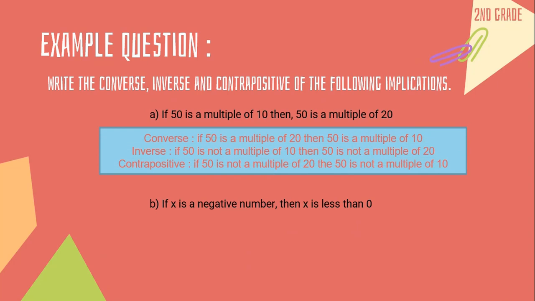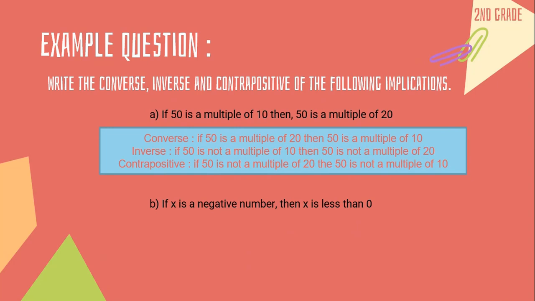The converse is if 50 is a multiple of 20, then 50 is a multiple of 10. The inverse is if 50 is not a multiple of 10, then 50 is not a multiple of 20. So the contrapositive: if 50 is not a multiple of 20, then 50 is not a multiple of 10.